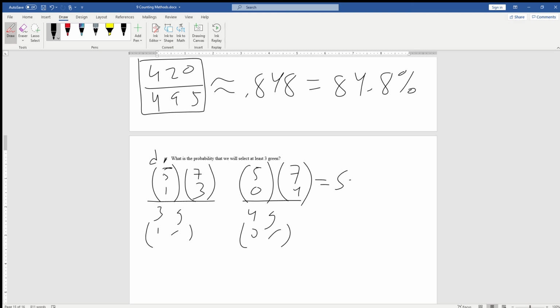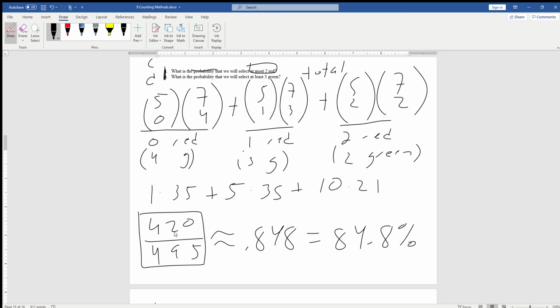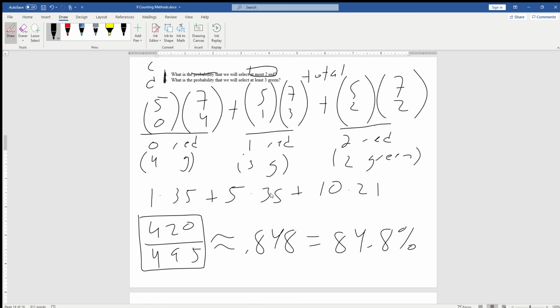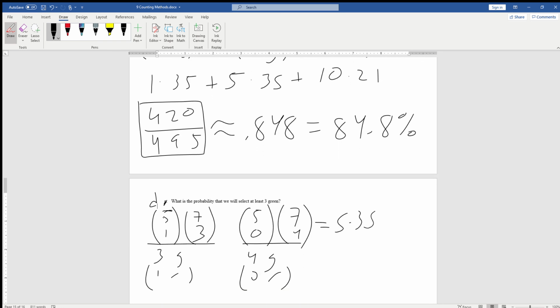Right, so let me compute those. We know 5 choose 1 is 5. We know 7 choose 3, I think that was 35. We can look up here. And 7 choose 3 is indeed 35, as is 7 choose 4. Remember, 5 choose 0 was 1. So basically, that just turns into 6 times 35. That's 210.